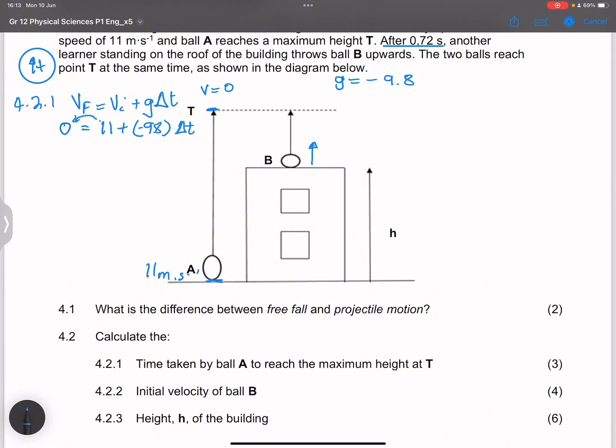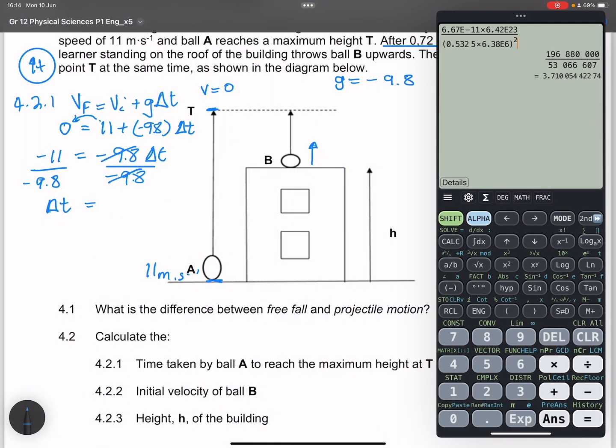So I've got negative 11, which is equal to negative 9.8 delta t. And now we can divide by negative 9.8. And this is again a nice way to check if there are no mistakes, right? If you ever get time as a negative, then it tells you that something is amiss.